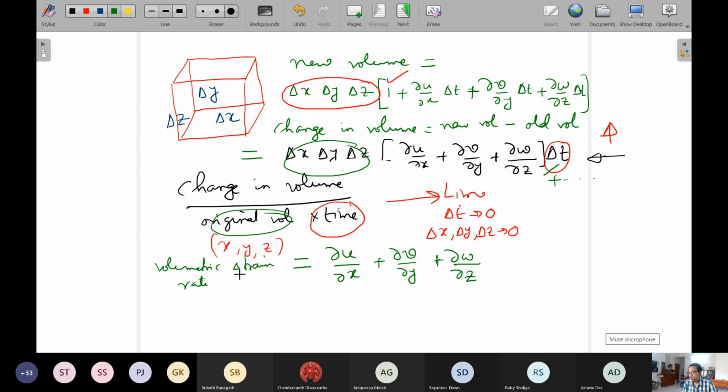Again, although physically we have derived this from the Cartesian coordinate description, we will try to generalize it in a way that it can be applied to other coordinate systems also. To do that, let us define the velocity vector as per our notation, and the nabla operator.